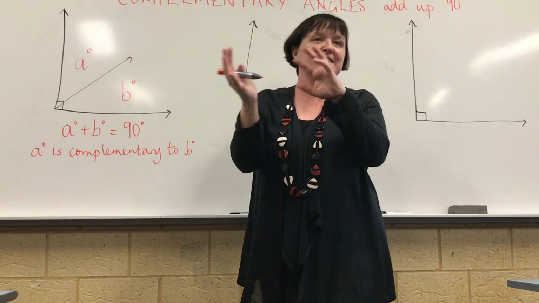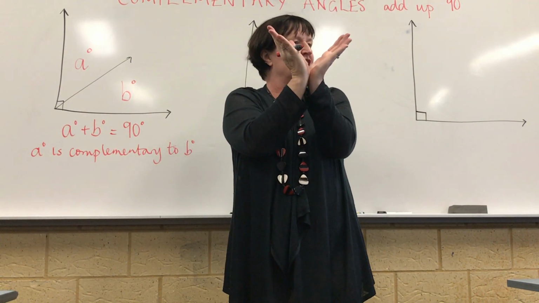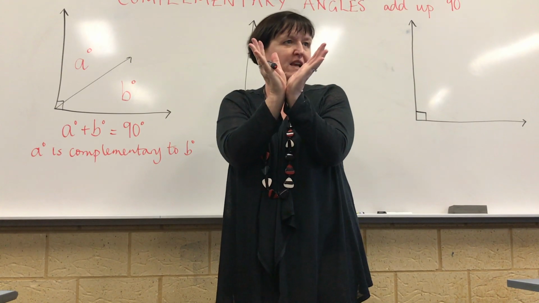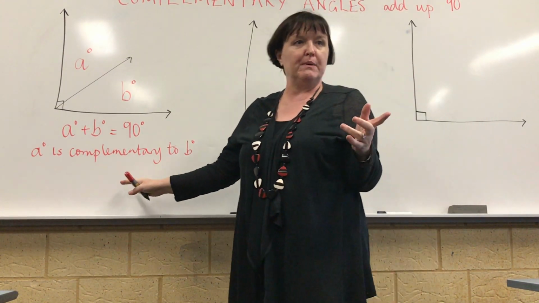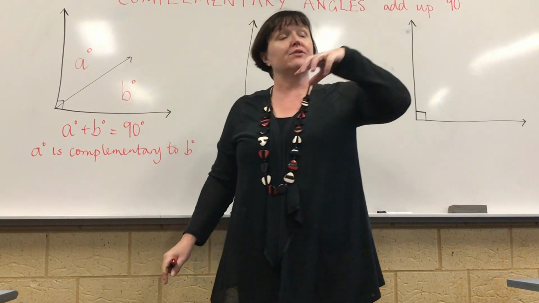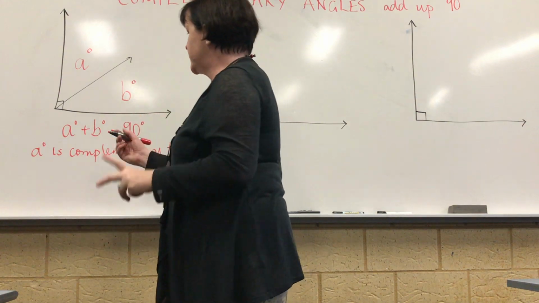It doesn't mean that angle A is saying nice things to angle B. It means that they complement each other to form 90 degrees. You could also say that angle B is complementary to angle A. Now, there's one other way that you might see it written, and it always seems to confuse students.